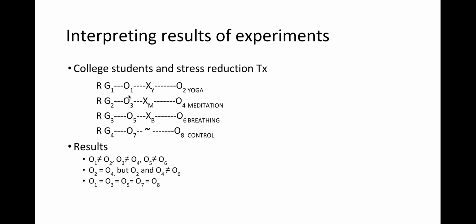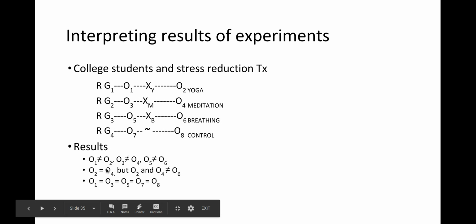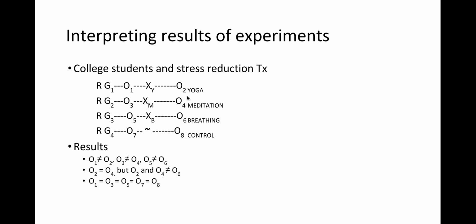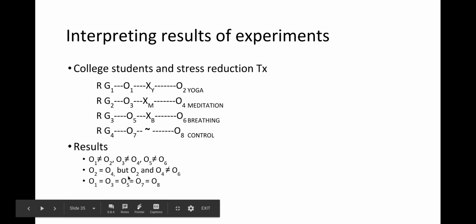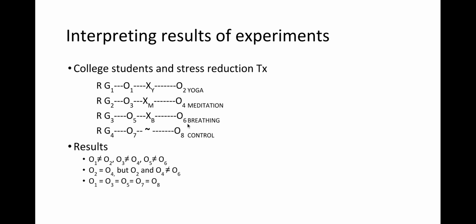You can interpret, focusing on one and two. And the other one is whether 2 and 4 are the same. These two groups are the same, but not the same for 2 and 4 versus 6. That kind of research question you can answer within an experiment.